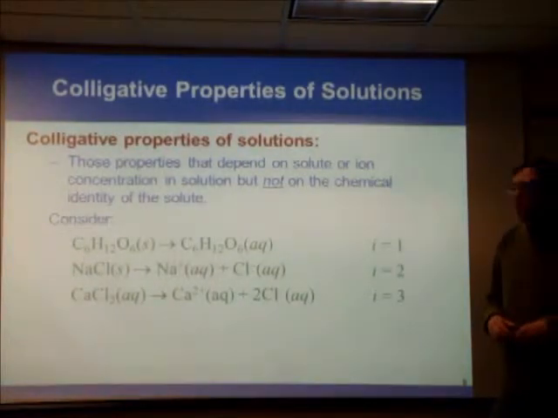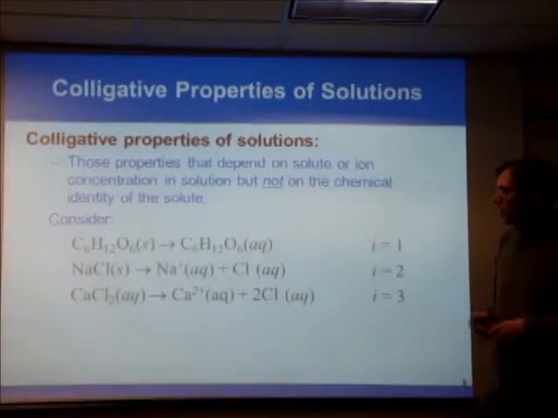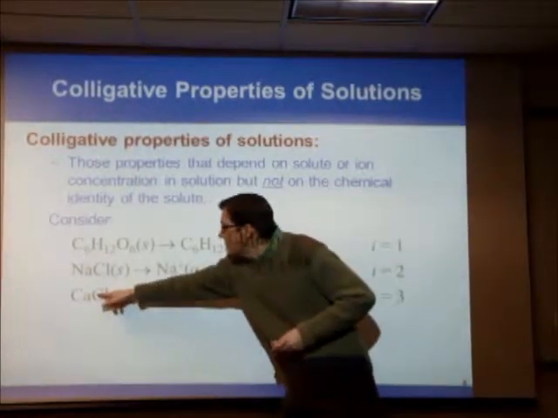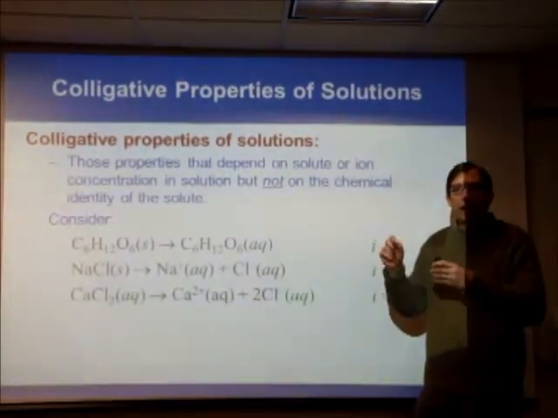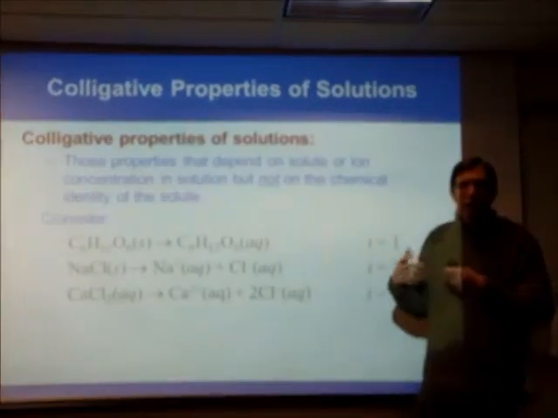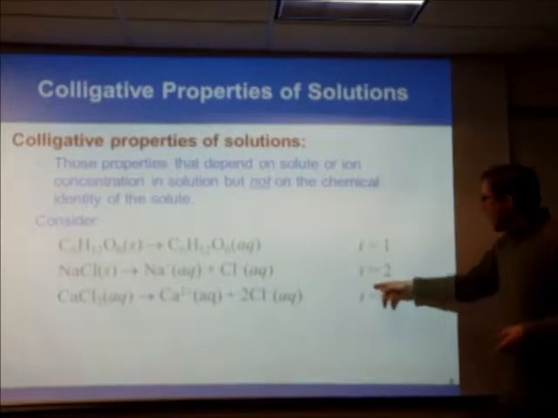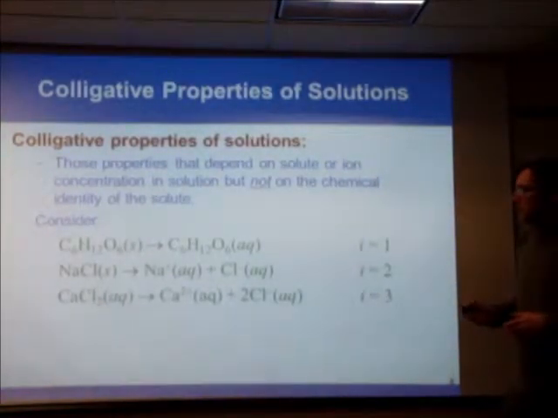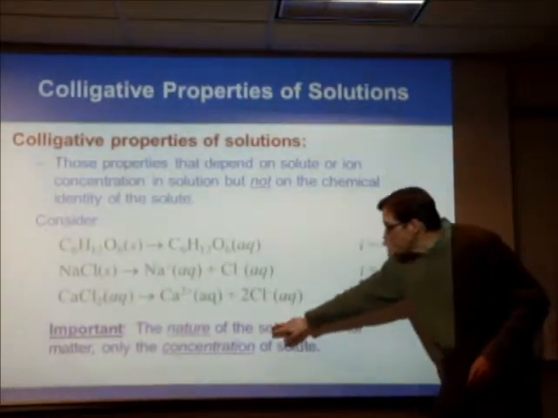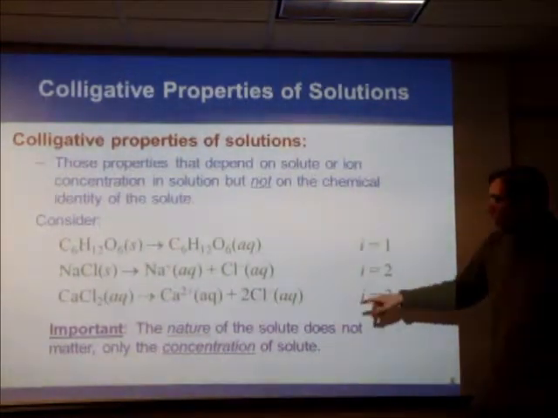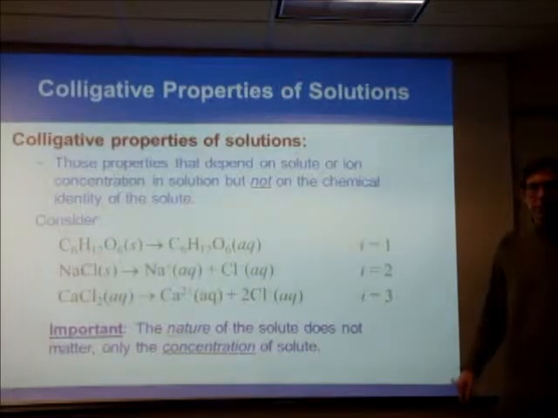Calcium chloride. When calcium chloride dissolves into water, I get 1 calcium ion and 2 chloride ions. Remember, that 2 tells me I have 2 chlorides attached to balance out the +2 charge on the calcium. So i equals 3. The significance of this is the nature of the solute doesn't matter, only the concentration of the solute.